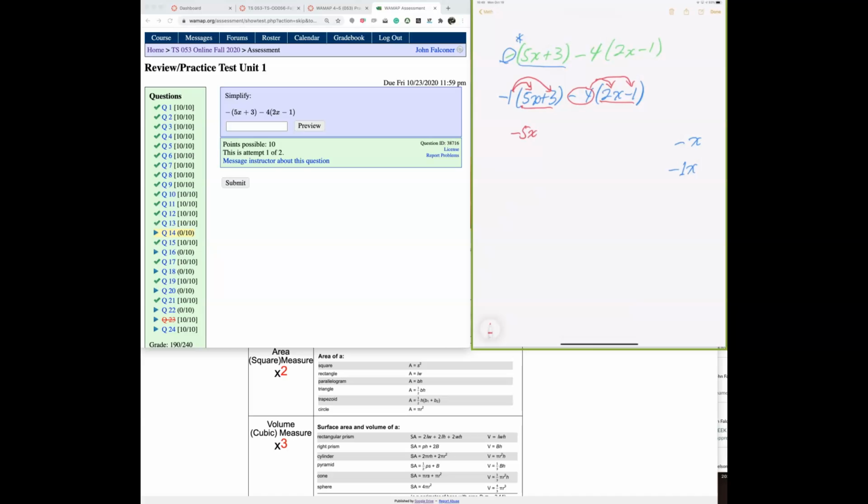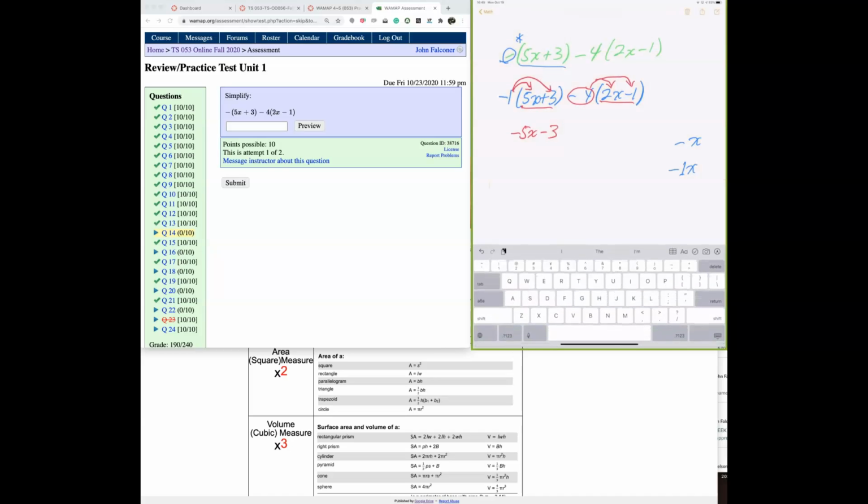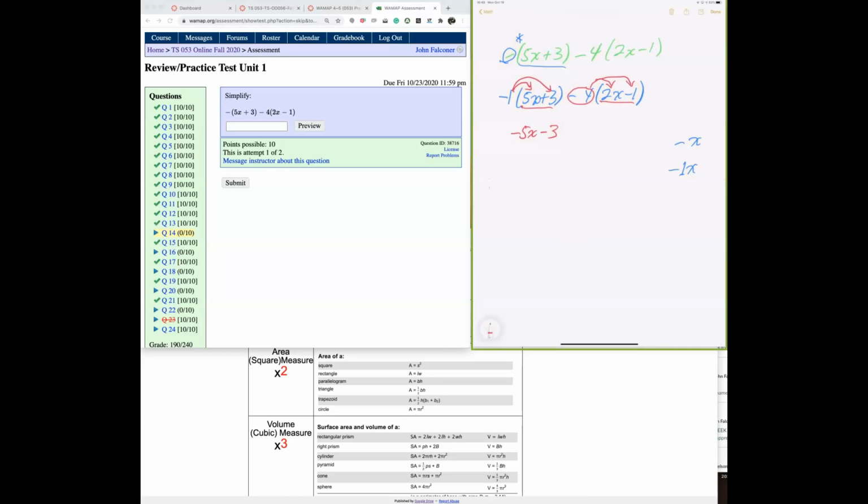Negative 1 times positive 3 will give you negative 3. And then over here we have negative 4 times 2x. Negative 4 times 2x will give you negative 8x, and then negative 4 times negative 1 will give you positive 4. So this looks a little more manageable, right?